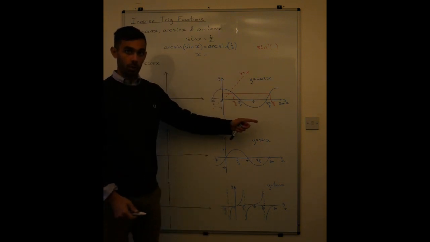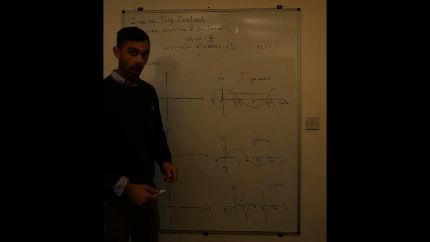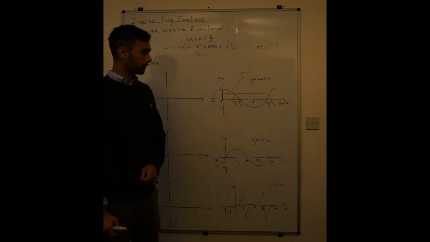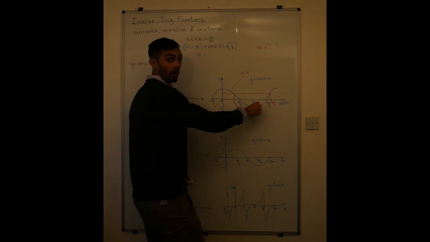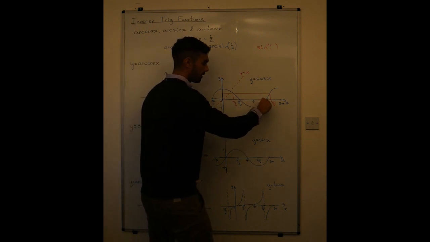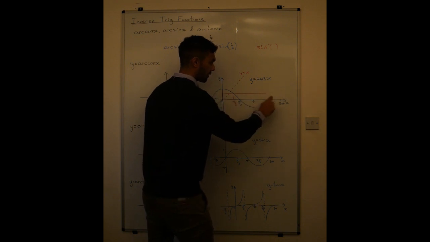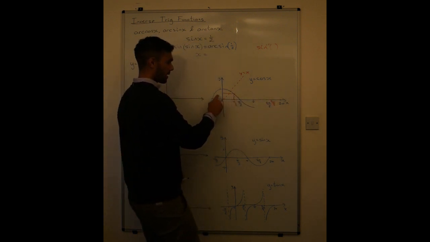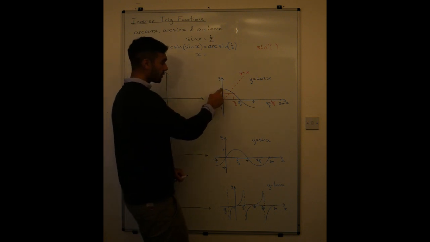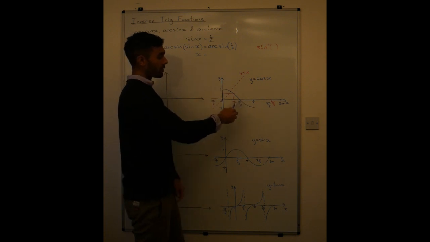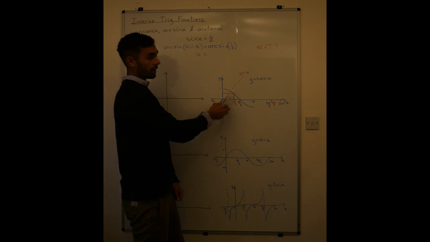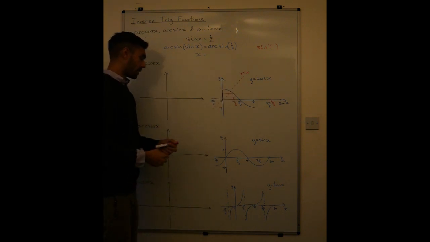So to deal with this problem, we change cos x so it becomes a one-to-one function. And to do that, we restrict the domain. If I cut the domain off after pi, to get rid of this bit of the curve, let's get rid of this as well. And if I cut it off before 0, there we go. This section of the curve is now a one-to-one mapping. And one-to-one functions do have an inverse, so all I need to do is reflect this line in the red dashed line. Okay, here we go.